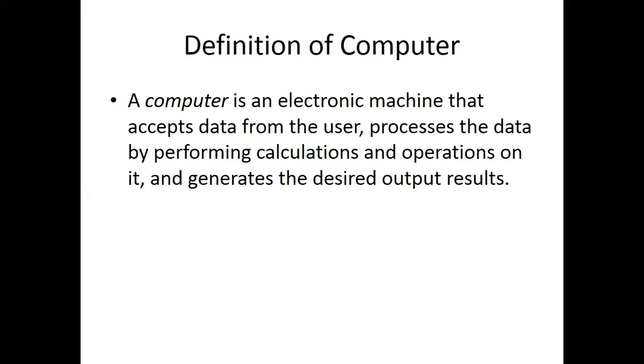Now, what is a computer? One definition of a computer that we can give is that a computer is an electronic machine that accepts input, that accepts data from the users, processes the data by performing calculations and operations to give the desired output.